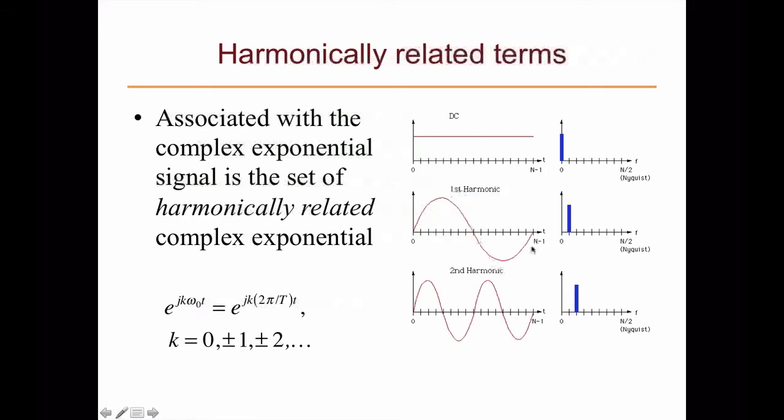If k equals 1, the first harmonic or the fundamental frequency, then you would have 1 bar at this k equal 1. If it is in the second harmonic, then you would have the bar at k equal 2. The harmonic describes the multiplicative terms of the fundamental frequency to indicate the higher frequency components in the periodic signals.